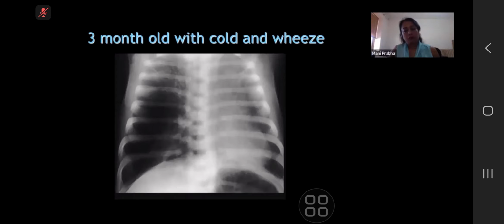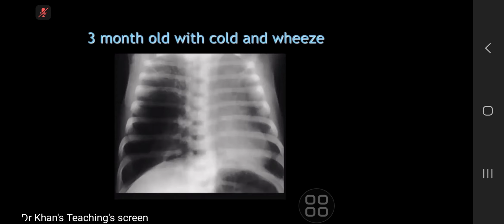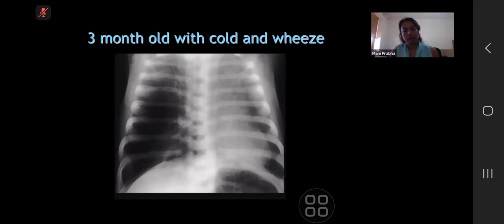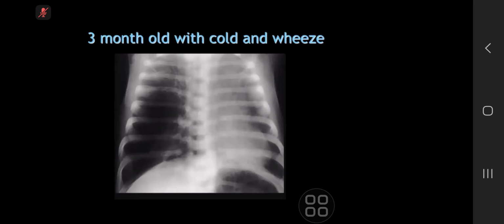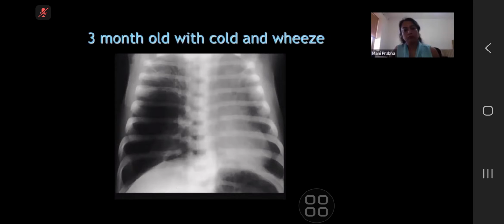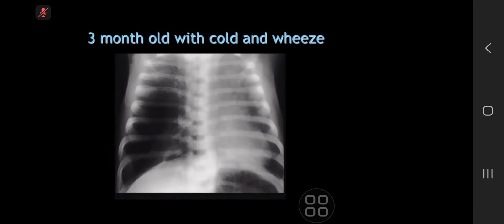My differentials for a hyperlucent thorax in a 3-month-old, I'd include Swyer-James in my differential. Because I can see some lung tissue in the right lower lobe, this could also represent a pneumothorax, which is causing a contralateral shift. It's too small to have a bullous emphysema. So these would be my 3 differentials.